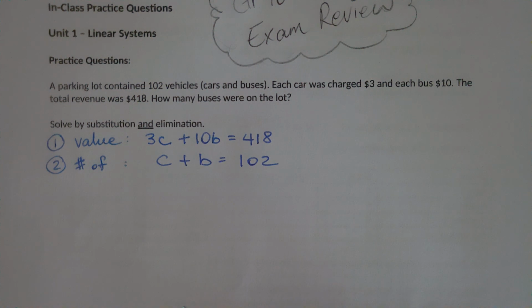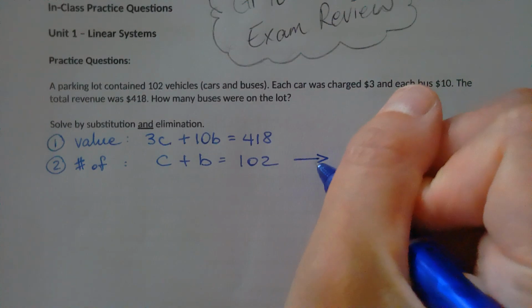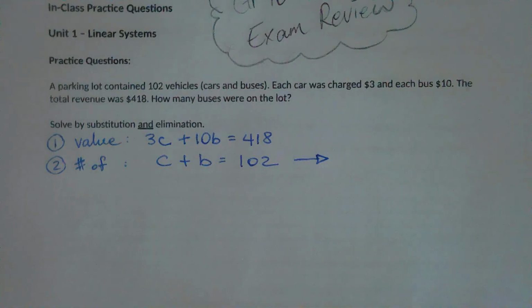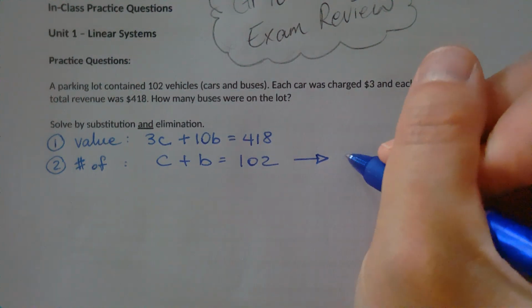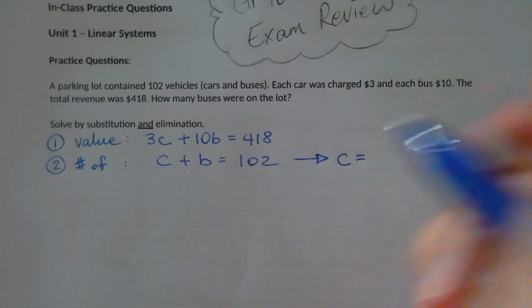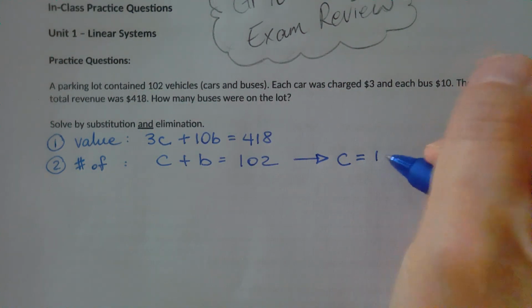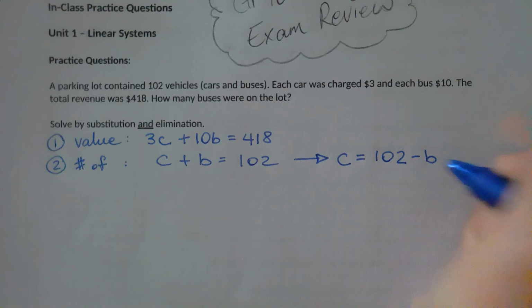Okay. So you can use substitution or elimination. For the sake of the review, I'll do substitution for this one and then elimination for the next question. So I'm going to isolate one of the variables. It doesn't matter which one I isolate. So let's say I isolate C. Actually, you know what?